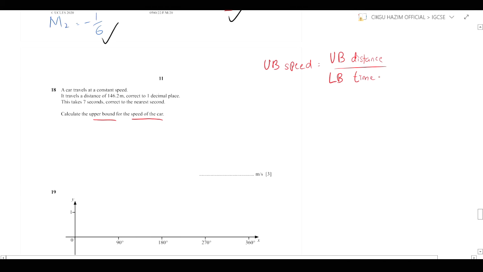Okay, go back to your previous notes or your school's notes. To find the maximum value, that's how we do it. And when it's related to multiply and divide, it's going to be like that. So in this question, the upper boundary of distance needs to be divided by the lower boundary of time. To find the upper boundary of distance, you can see that it is given correct to one decimal place, and time correct to the nearest second.